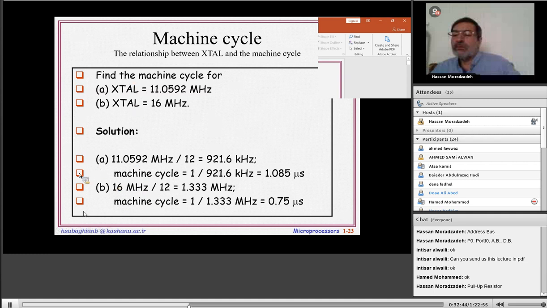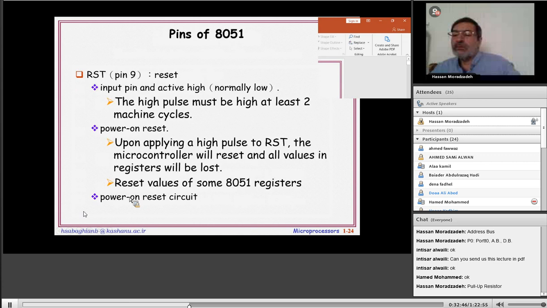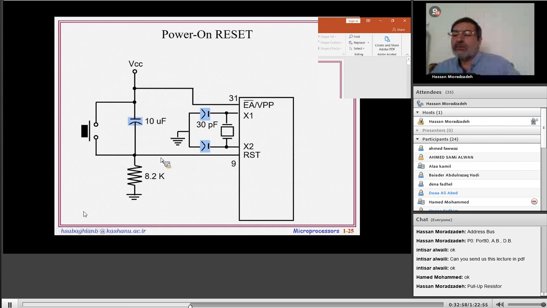But this RC circuit, from ground to VCC, then to the capacitor, then to the resistor, and then ground. This is a first order RC circuit, and the capacitor is discharged in this RC circuit.